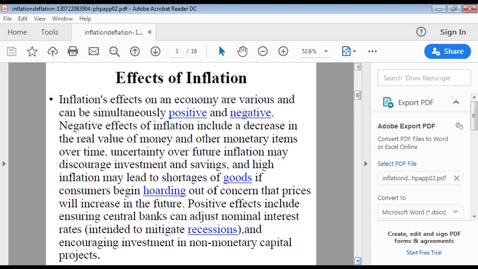Positive effects include ensuring central banks can adjust nominal interest rates intended to mitigate recession, and encouraging investment in non-monetary capital projects. This is to caution the effects that inflation will have, also thereby encouraging productivity after the period of inflation, because that's when people go into investment.